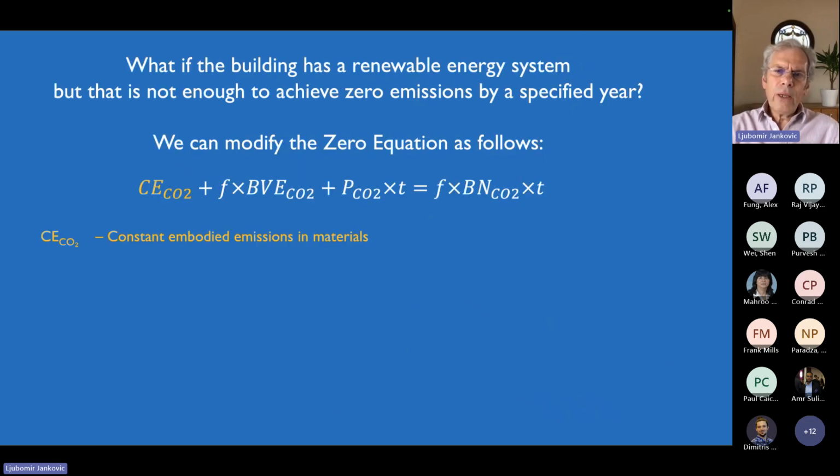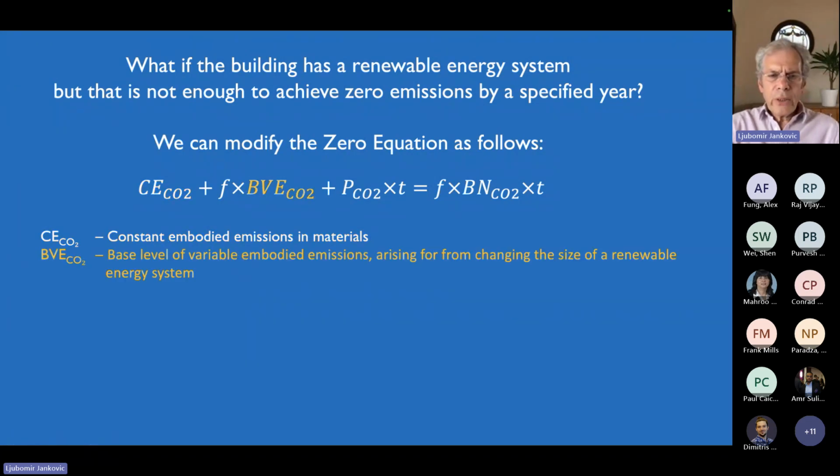Now, what if the building has a renewable energy system, but that system is not enough to achieve zero emissions by a specified year? We can modify the zero equation by breaking up the embodied emissions into constant embodied emissions in materials, and also base level of variable emissions arising from changing the size of the renewable energy system. And then, as before, positive operational emissions remain unchanged.